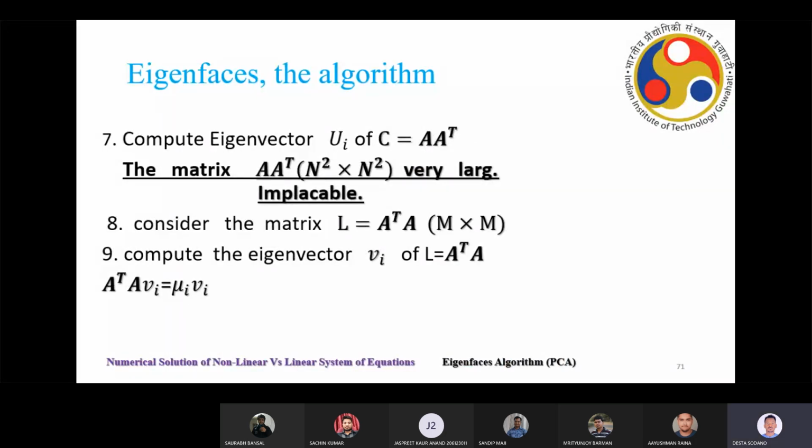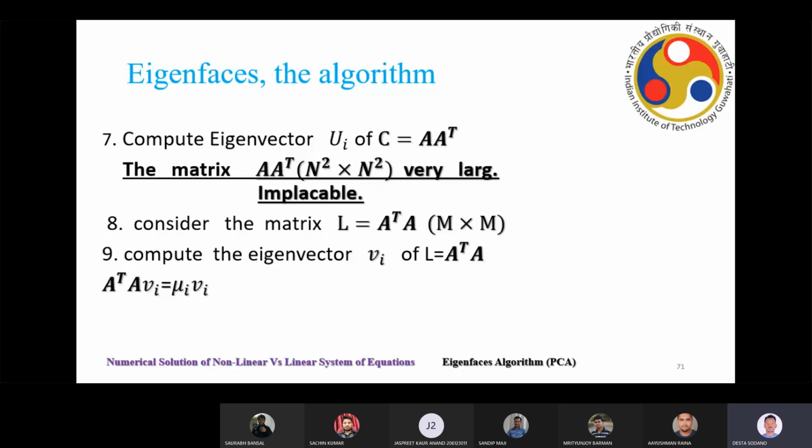Step 7: compute the eigenvectors. The eigenvectors of the above covariance are difficult to compute directly, as the number of trainers given is large. How do we compute the eigenvalues or eigenfaces of all those trainers? Step 8: considering the matrix in this form.